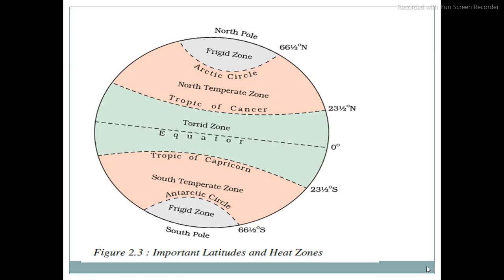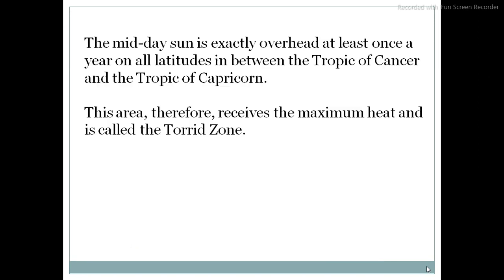Next, point number 1. All the cadets, please go to the concept. The midday sun is exactly overhead at least once a year on latitudes between the Tropic of Cancer and the Tropic of Capricorn.